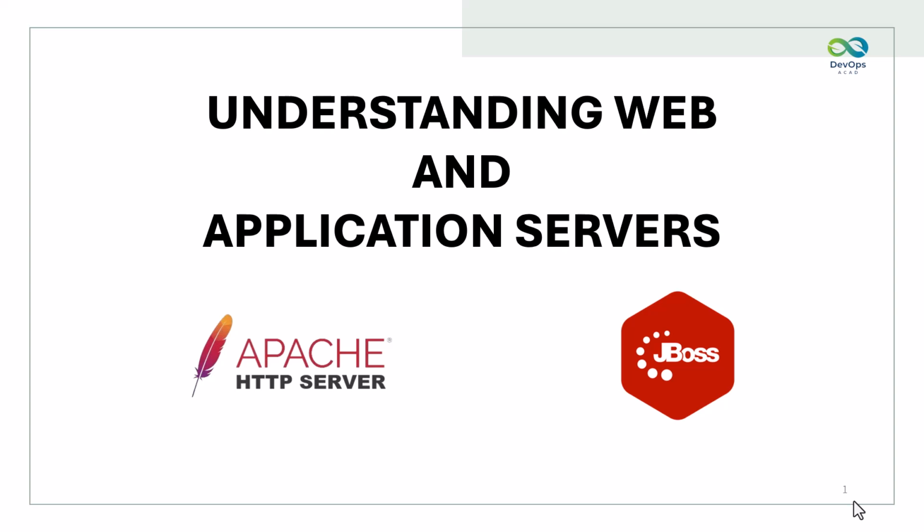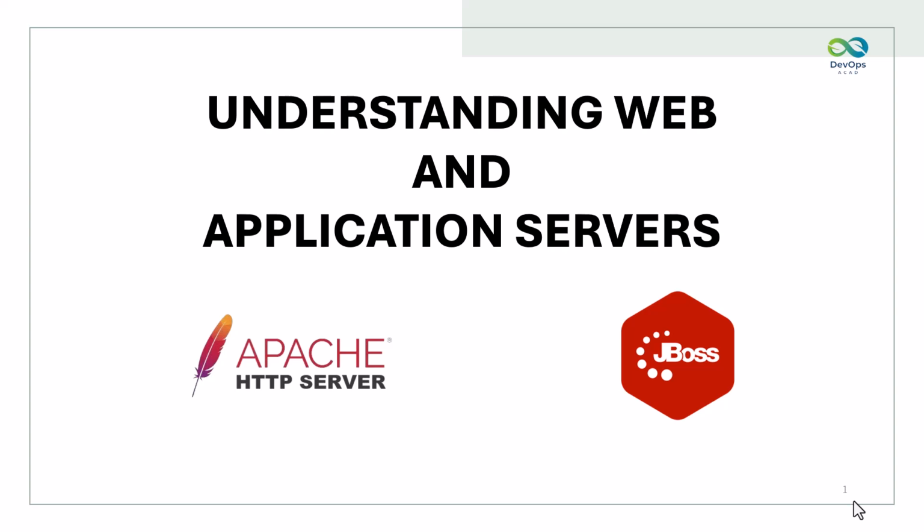All right, this is class 4, and today we are going to be looking at web servers and application servers. We want to understand the differences between these two servers. When and where do we use a web server? When and where do we use an application server as well?